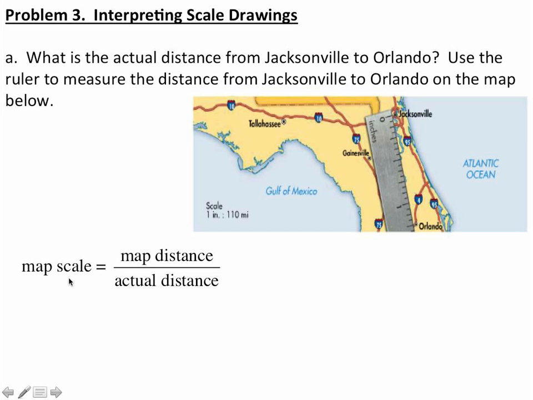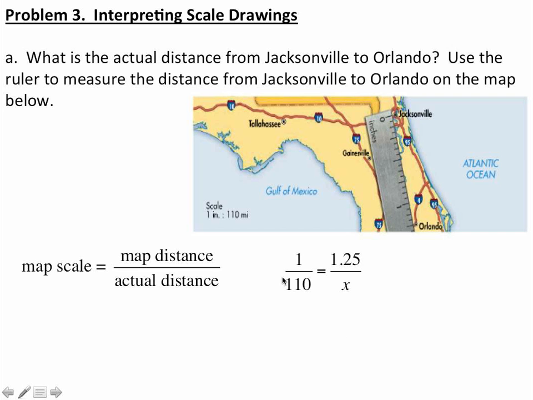So the map scale, 1 inch is to 110 miles, equals the map distance over the actual distance. This map scale is going to be a ratio, 1 inch over 110 miles. This distance here was given to me in inches. That's the map distance, and I'm trying to find the actual distance.